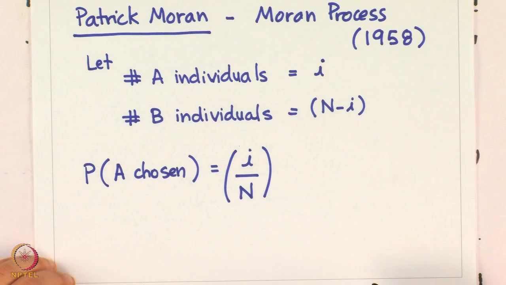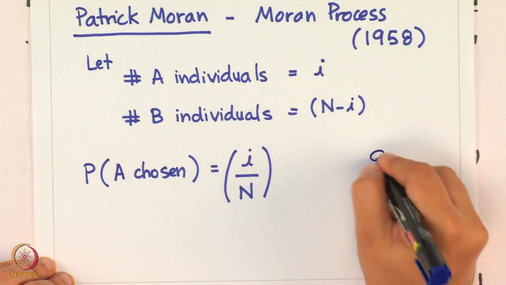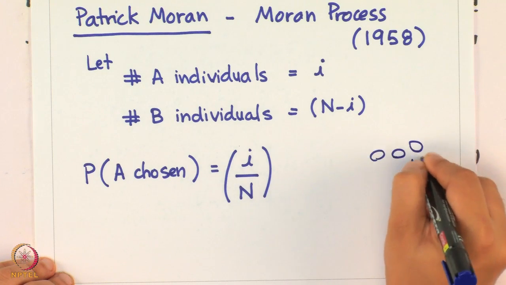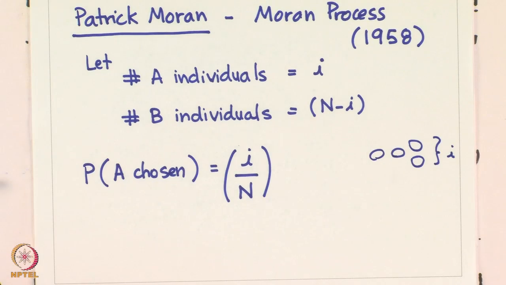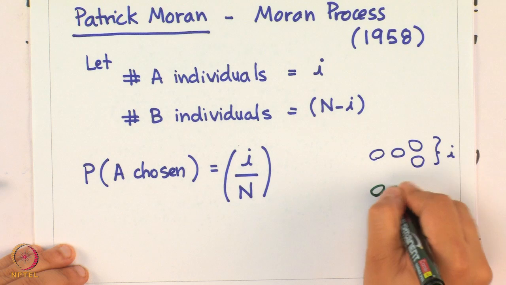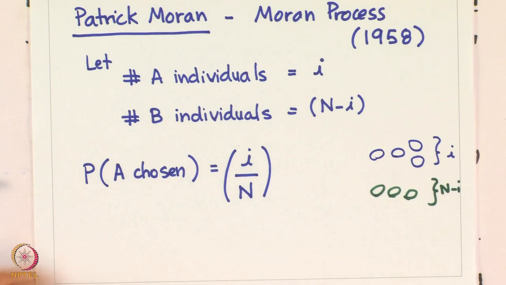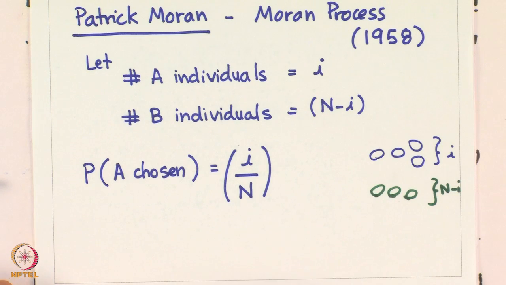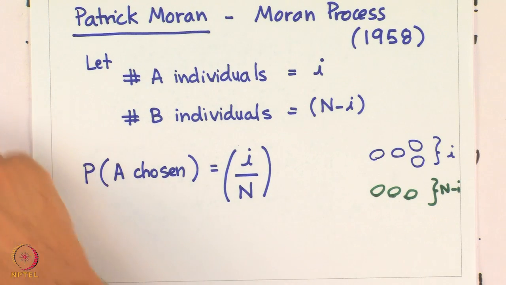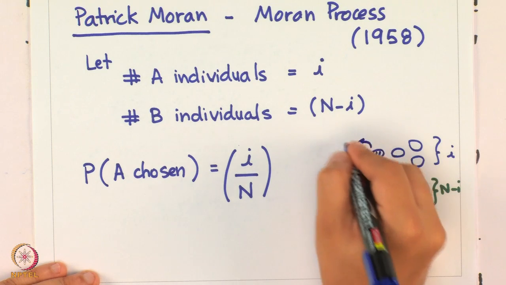Another way to think about this is that if the number of individuals of genotype A is equal to I and the number of individuals of genotype B is equal to n minus I, then because every individual in this population is equally likely to get drawn, the chance that I will draw a particular individual is just equal to 1 by n.